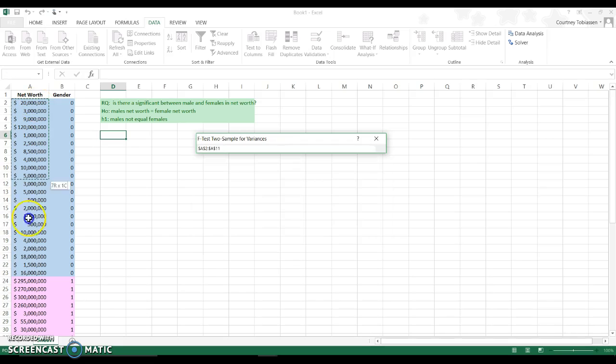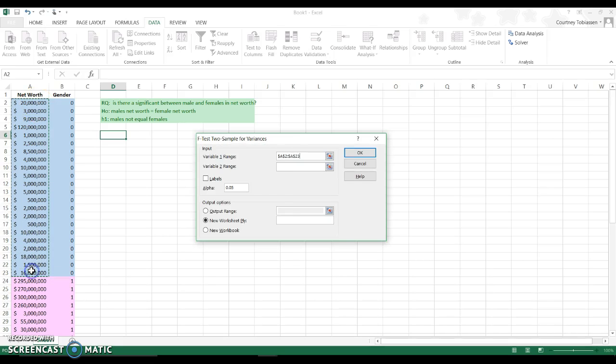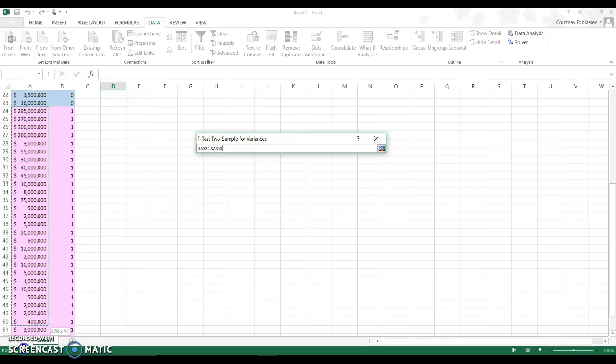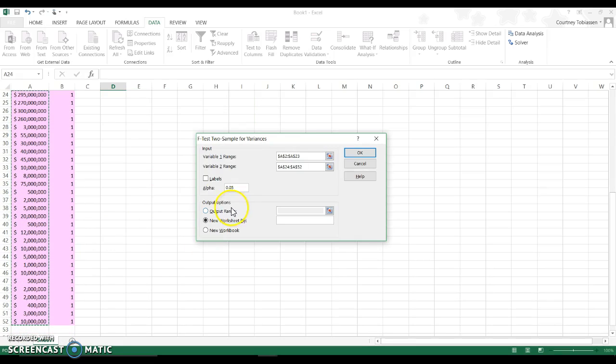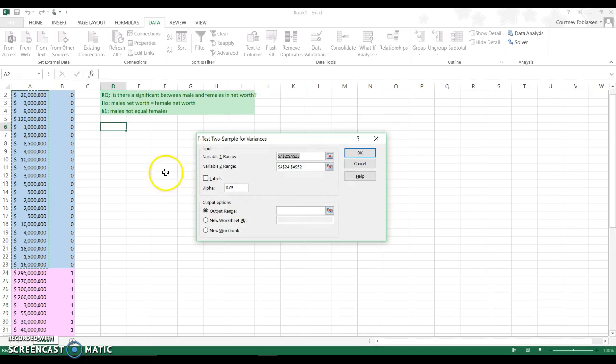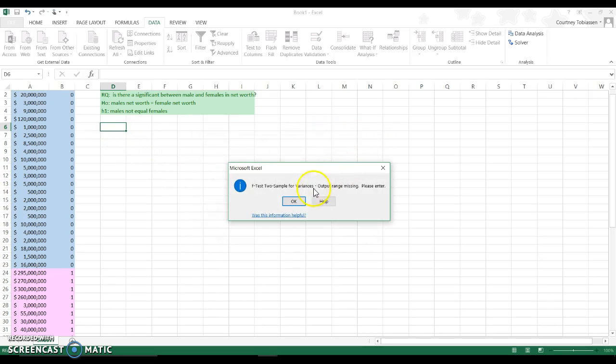I'm going to highlight the net worth for my guys. Click here. I'm going to highlight the net worth for my girls. There are no labels in mine, so I'm not going to check that. You can click the default, which is a new worksheet. I'm going to put my output right there and say OK.